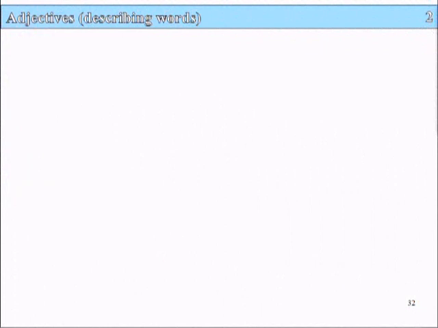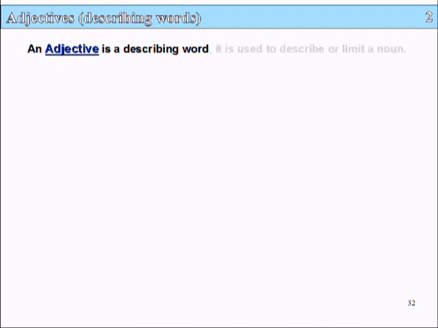Slide 32, Lesson 2, Adjectives, or describing words. An adjective is a describing word. It is used to describe or limit a noun. For example, big house. Here the word big is an adjective.